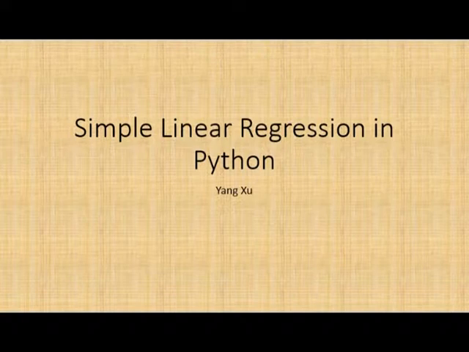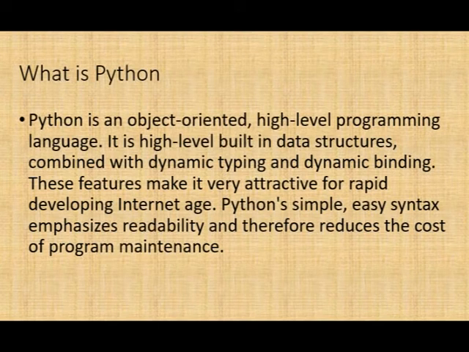What is Python? Python is an object-oriented high-level programming language. It has high-level built-in data structures combined with dynamic typing and dynamic binding. These features make it very attractive for rapid development in the internet age.